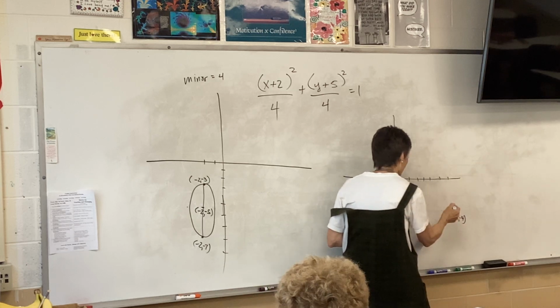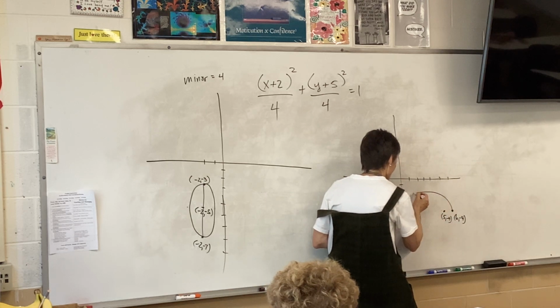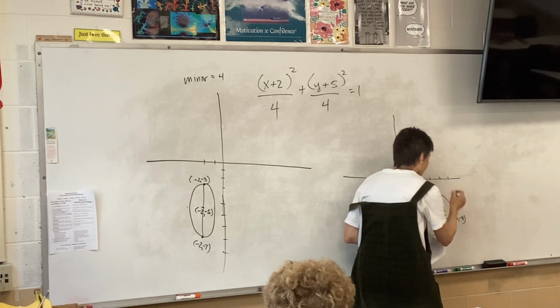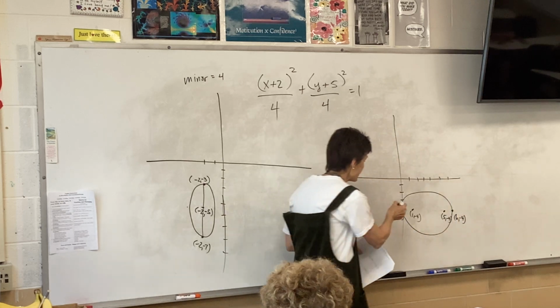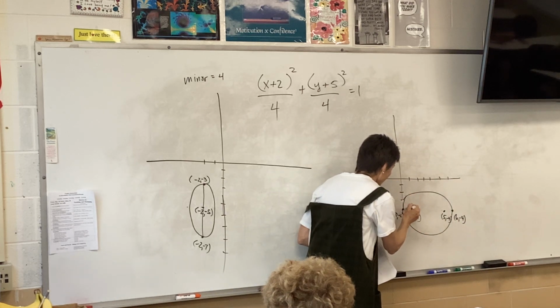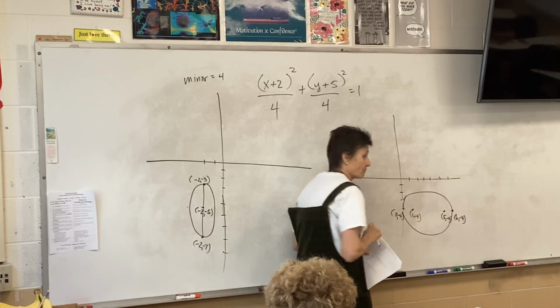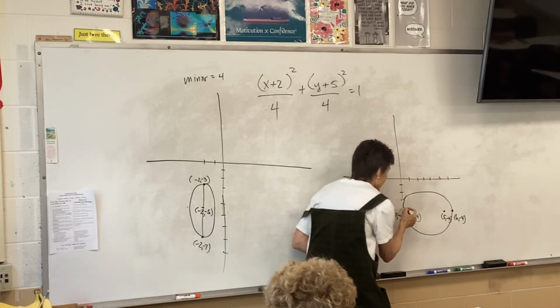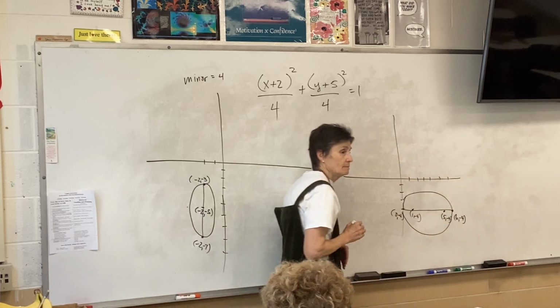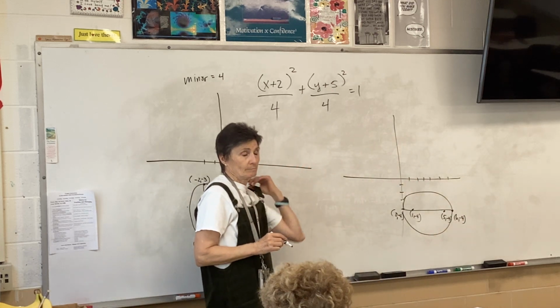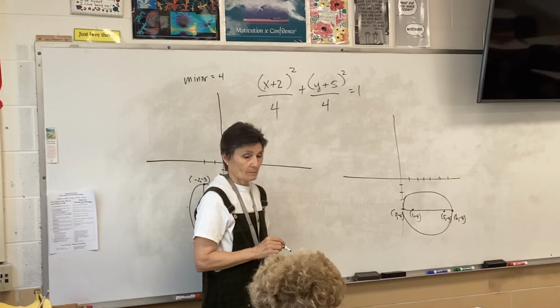Now those are endpoints, so my ellipse is going to look like that. These points are endpoints, and this is my major axis. Does that make sense?